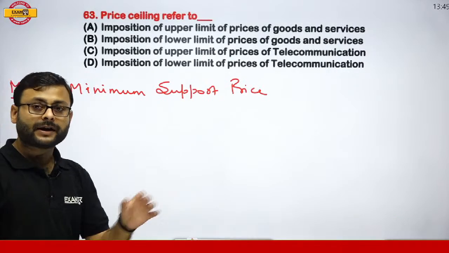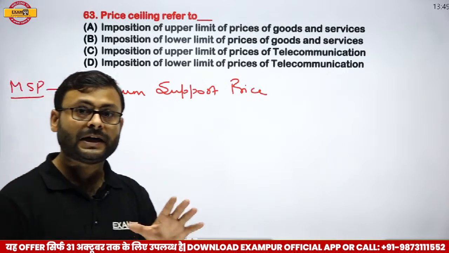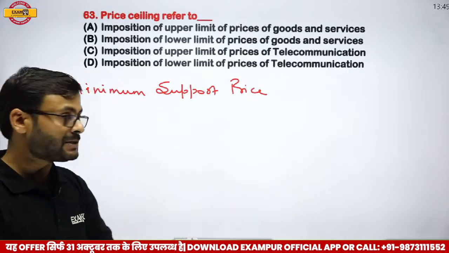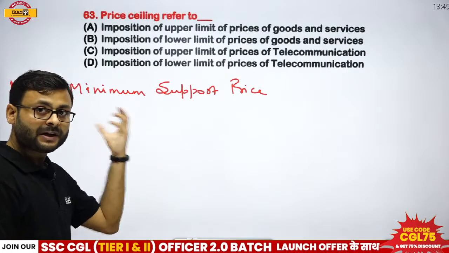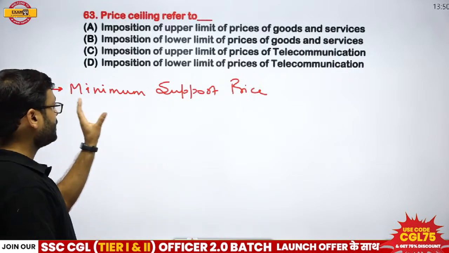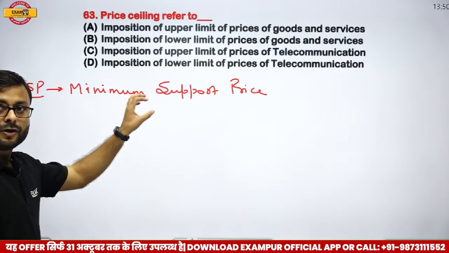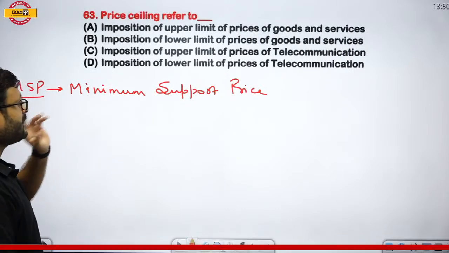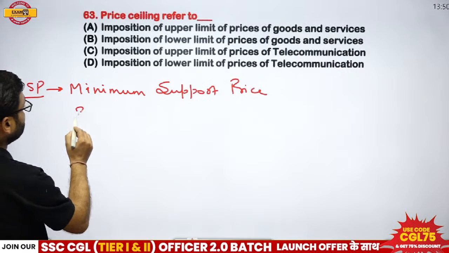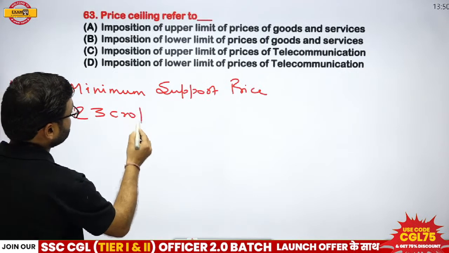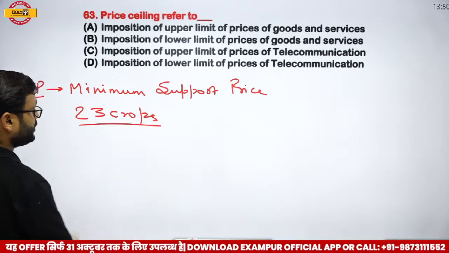If the market forces are not buying the goods at fair prices, the government has pre-decided the amount at which the farmers' produce will be procured by the government of India. It is known as MSP. MSP is available for 23 crops.